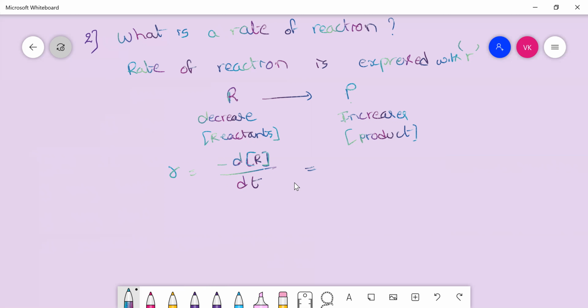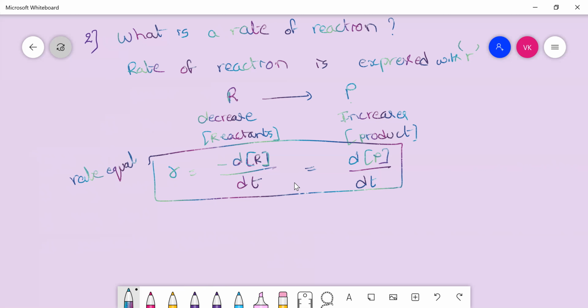That's why it is a positive term. It is forming, it is increasing. So change in the concentration of product with change in time. This is said to be the rate equation.